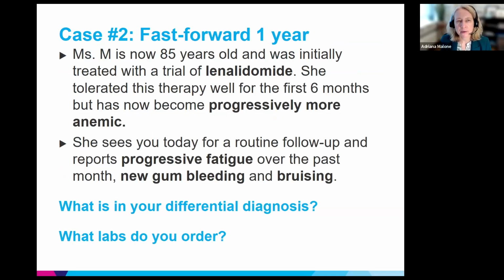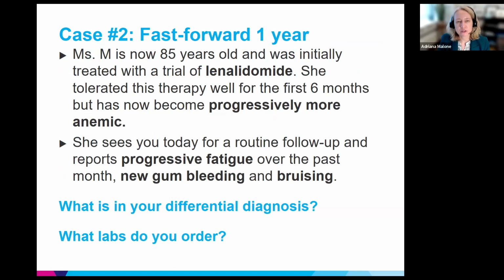Our patient is now 85 years old and was initially treated with a trial of lenalidomide. She tolerated this therapy well for the first 6 months, but has now become progressively more anemic. She's here today for a routine follow-up and reports progressive fatigue over the past month, new gum bleeding, and bruising.